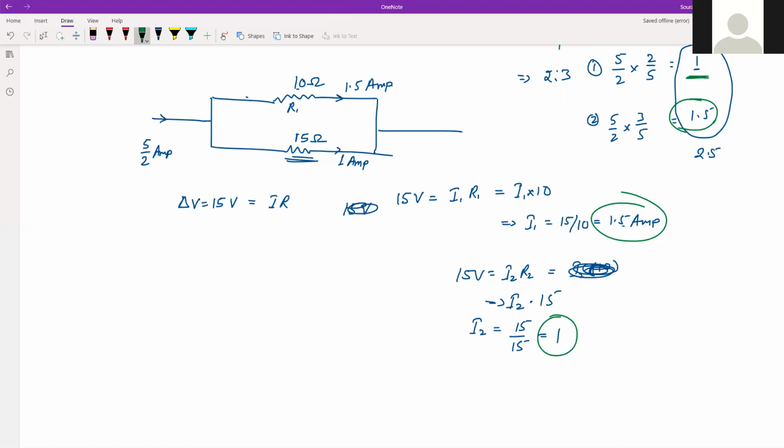So these are the two ways of finding the equivalent resistance, and in this case, the current through the different branches of parallel connected resistors. So it's up to you, whichever is easier in that situation, you try to apply that.